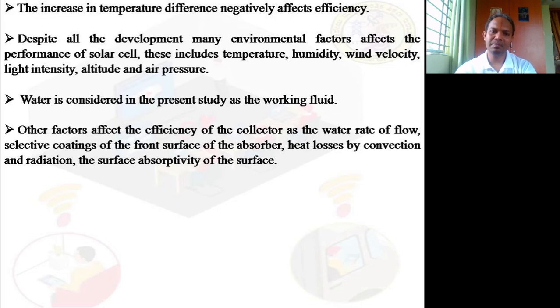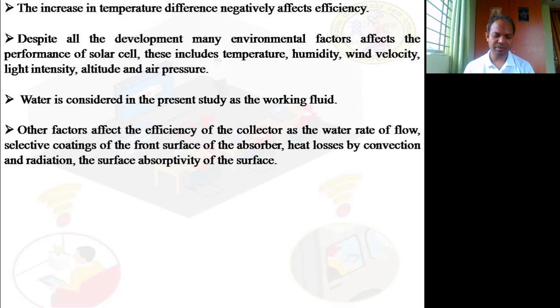Despite all the development, many environmental factors affect the performance of the solar collector. These include temperature. Obviously temperature is one major factor, and then humidity and wind velocity, light intensity, altitude and air pressure. These are the few environmental factors which we cannot control.